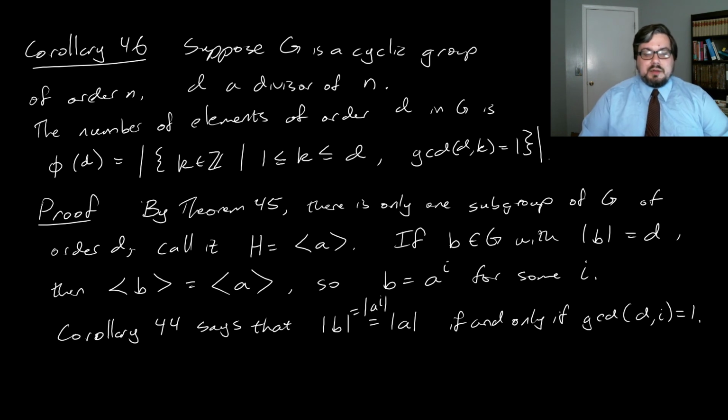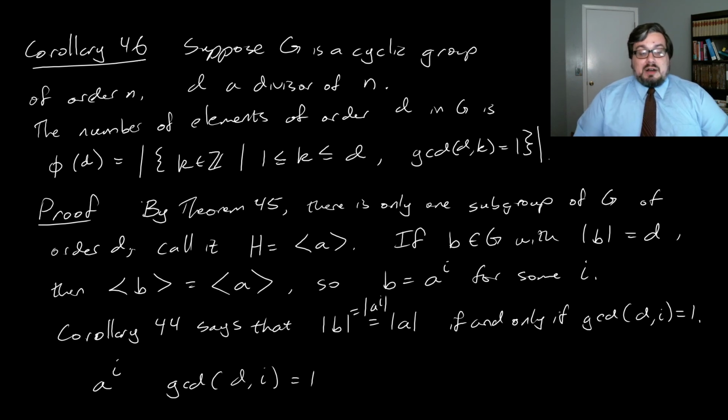So what that means is that the only elements of order D are the elements A to the I, where the greatest common divisor of D and I is equal to 1. And so the number of elements of the group of order D is the number of elements that satisfy this condition, where we're only interested in I between 1 and D, because D is the order of A.